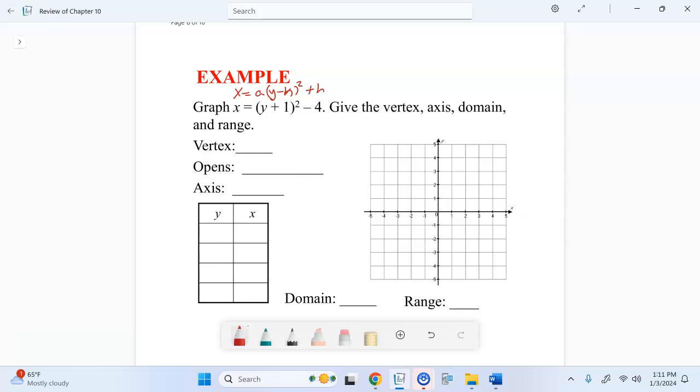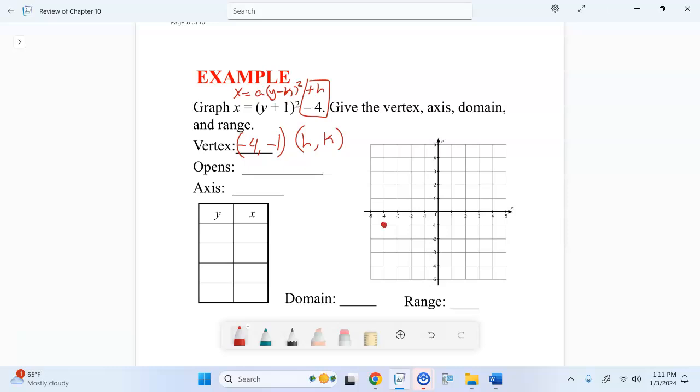What is the x value of the vertex with this parabola? Negative what? Negative 4, right? Because there's our h. H is negative 4. Our vertex is h and k. So we'll start with negative 4. And then what's the k value? Negative 1. So our vertex is at negative 4, negative 1.